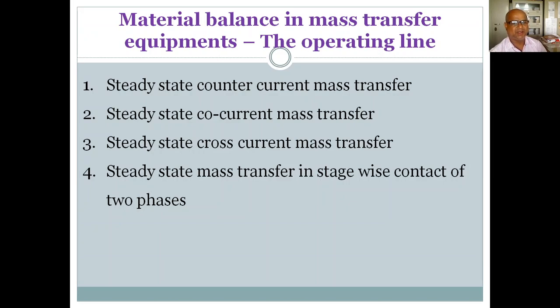I'll come to this later. Then steady state mass transfer in stage-wise contact of two phases. Stage-wise contact means, as in the example of distillation, there will be multiple stages in the equipment so that we get a better separation. So in general there are 4 categories in terms of flow pattern.